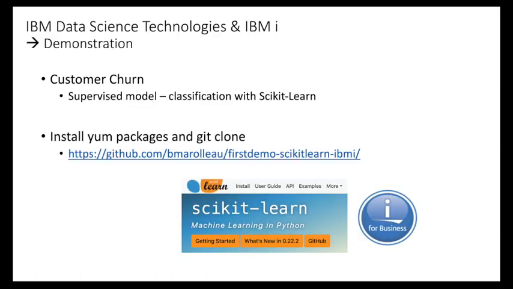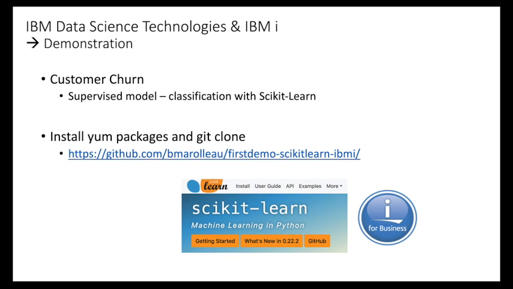What we're going to use for this particular demo is a customer churn use case. Will my customer leave in the next month or not? Based on its characteristics, features, and based on the past data I use for training the model.